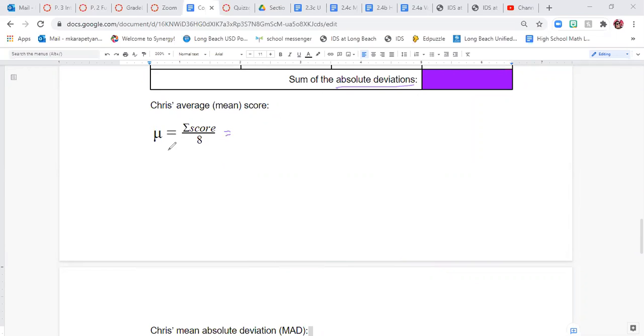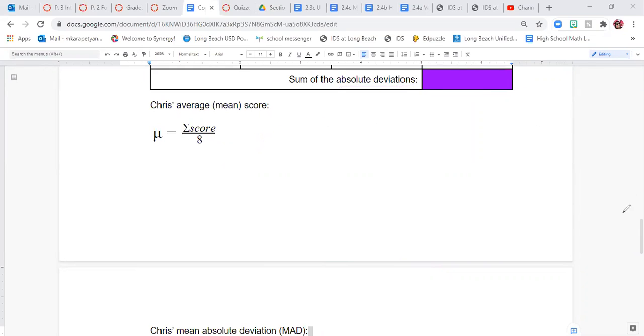To find the mean of your data, you add all of your data points together, which according to Sarai earlier was 76. Then we put that over 8 and we got that 9.5.